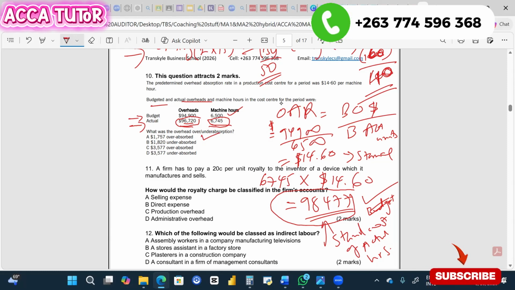So before you do any subtraction, you need to determine if generally there is an over or under absorption. There is going to be an over absorption if the standard cost of actual hours is greater than the actual cost of the actual hours.